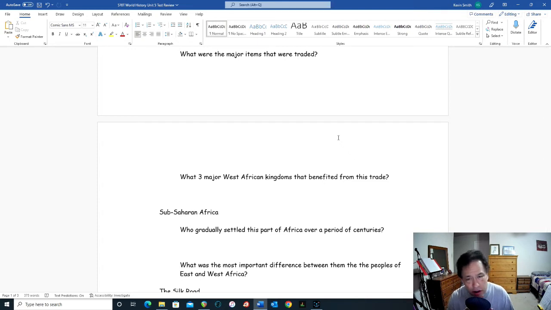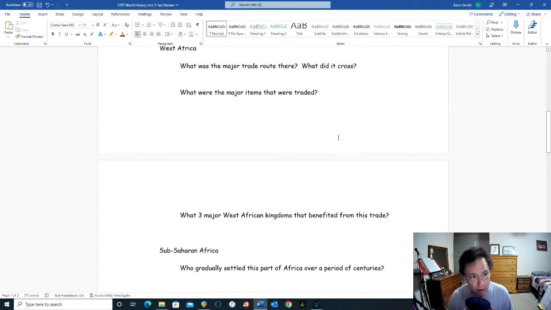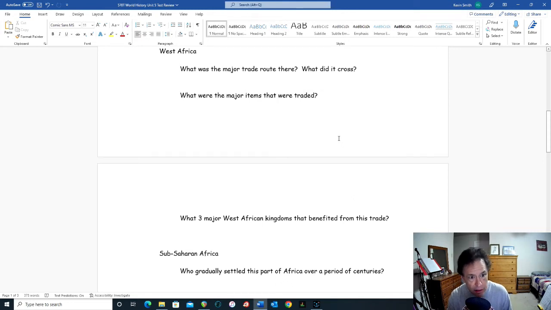I don't see it on here, but let's just talk about Mansa Musa just in case we need anything about Mansa Musa. He lived from 1280 to 1337. He was a king of Mali. He was a devout Muslim. He spread Islam throughout West Africa. He was the richest person who ever lived. And in 1324, Mansa Musa took a huge entourage across Africa to the holy city of Mecca in Arabia.